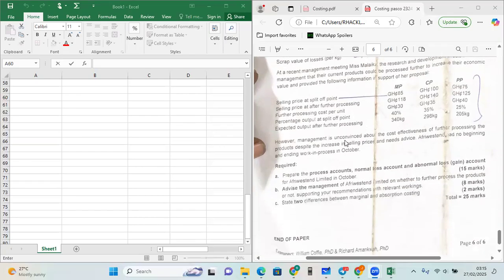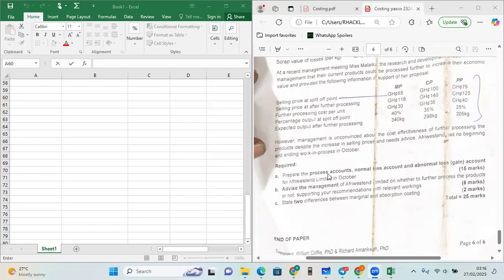However, management is unconvinced about the cost effectiveness of further processing the product despite the increase in selling prices, and needs advice. Afri-Western had no beginning and ending work in progress in October.